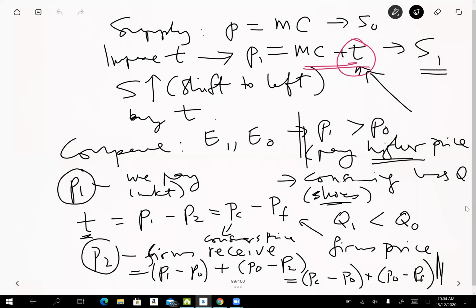How many people are there? If you look at the question, how many people? There are 7 people. Okay. Now, at the price of 100, what is the quantity demanded for everybody? 1. So if you want to get the market demand at the price of 100, how many quantities at 100?